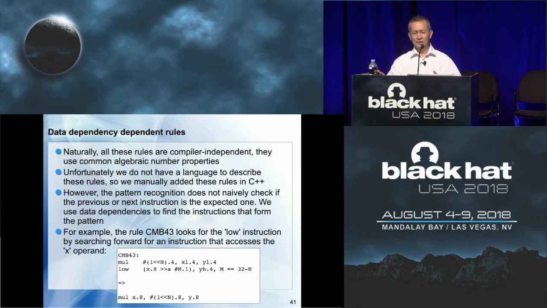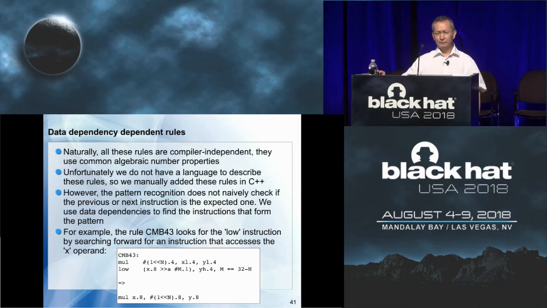The only requirement is that they don't spoil or modify x and y, the operands that are used in our pattern. How do we do that? We don't naively check what is the next instruction after mul. Instead, we rely on data dependencies. We go and try to find where the low instruction is.